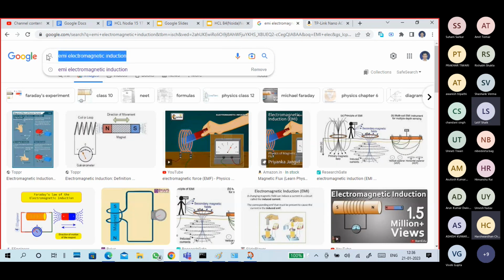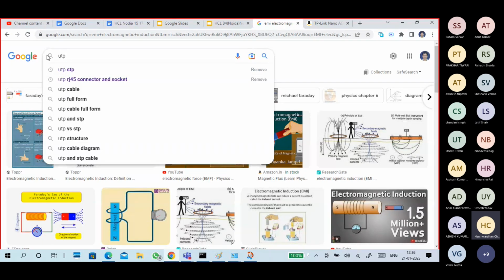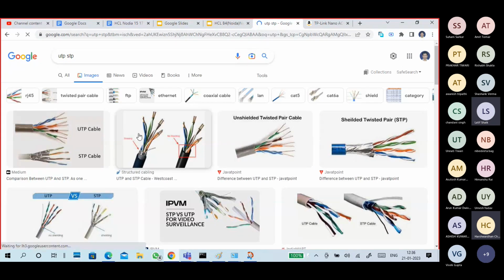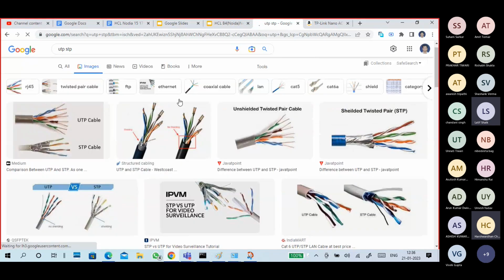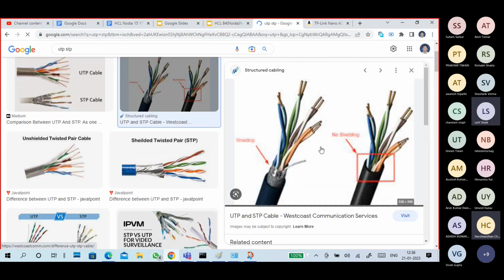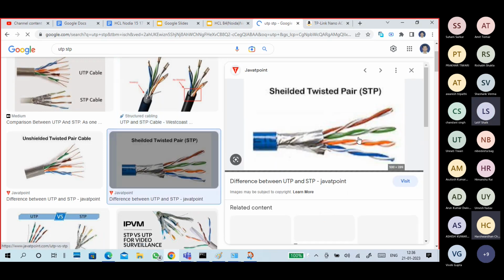Okay, this is how the cables look and how they twist around each other. This is an STP cable. See, these are two wires twisting around each other like this, and there is a shield on it.